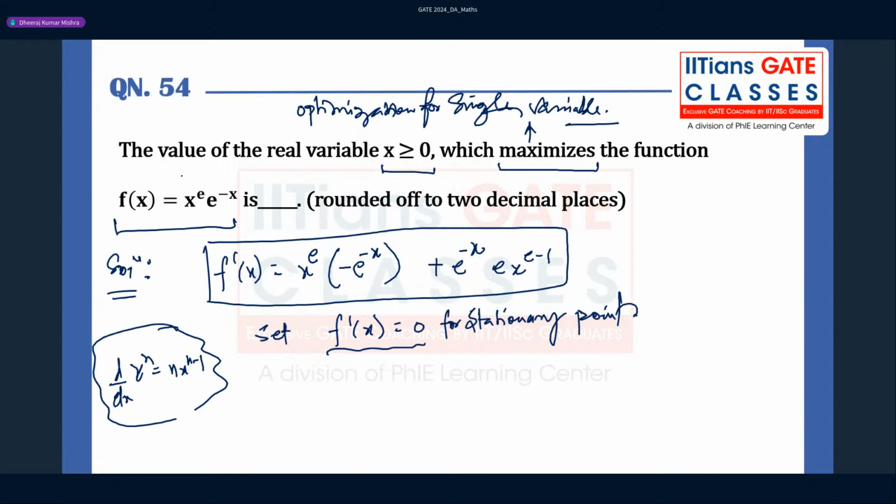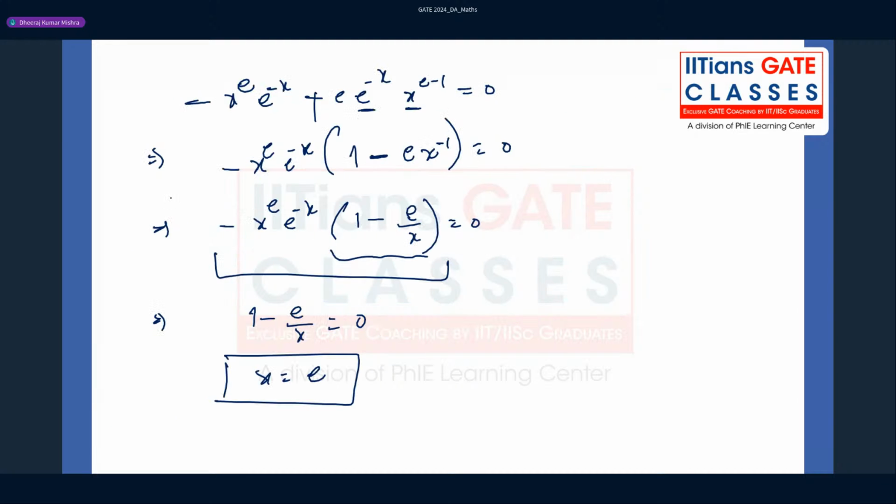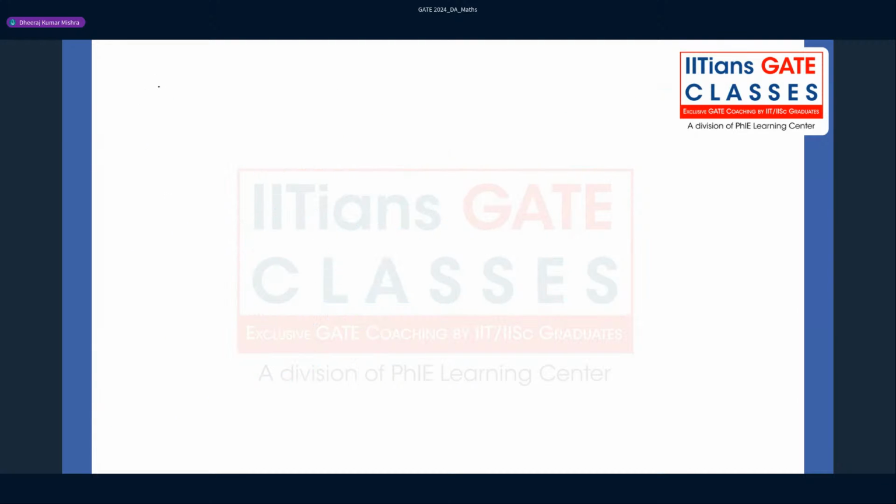But what we have to find here is the value of the real variable x which maximizes the function f of x, right? So let us go for the second derivative here, then we can decide. Right now we can't decide. So f double dash x we can find out.